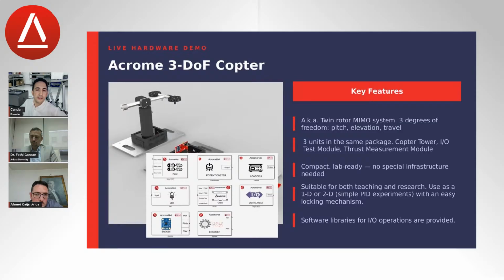It is a really compact, lab-ready product. It can be used for teaching simple PID experiments as well, where you can lock some axes and do some operations. Additionally, we provide software libraries for I/O interaction, so the users don't need to deal with low-level driver topics or issues.